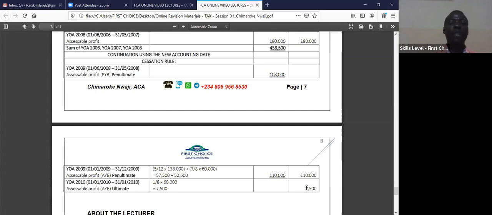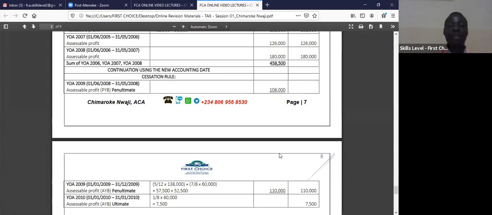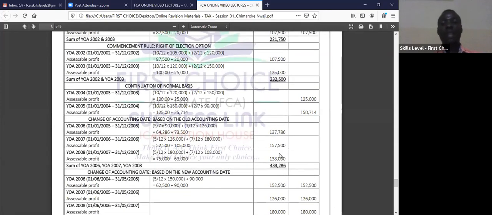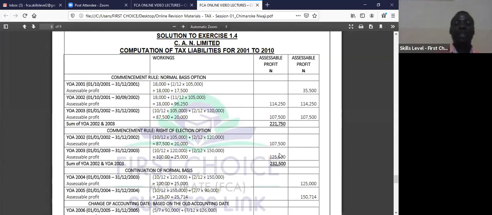So we're going to see how capital allowance aligns with basis period so that when you are given a tax liability, you would have done your assessable profit, then you do capital allowance, then you do your tax. So we are going to see how capital allowance is going to work.